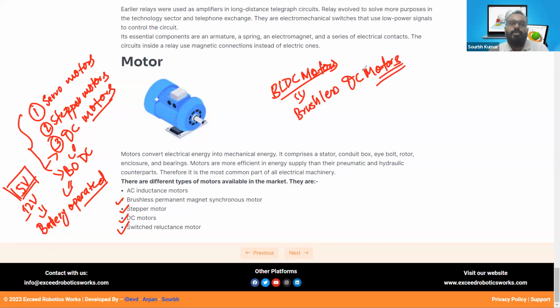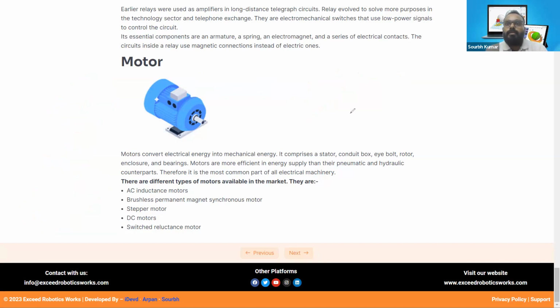The reason we need motors in our project is only to generate motion, so that our robotics body, or the STEM part, can move from one place to another. That is the main reason we are going to utilize motors in our project.